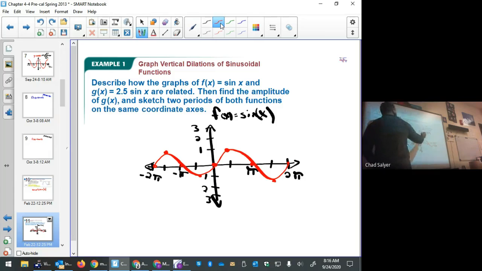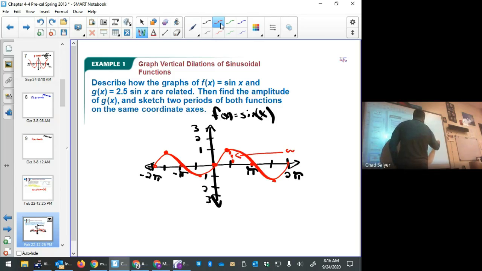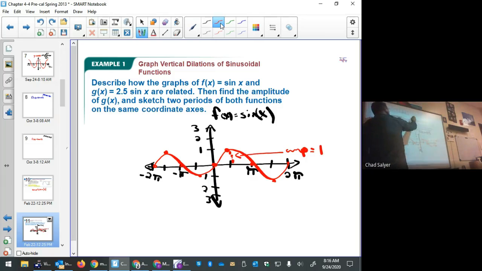2.5 sine of x. Well, for this, the amplitude is 1. But for 2.5 sine of x, the amplitude is going to be 2.5.